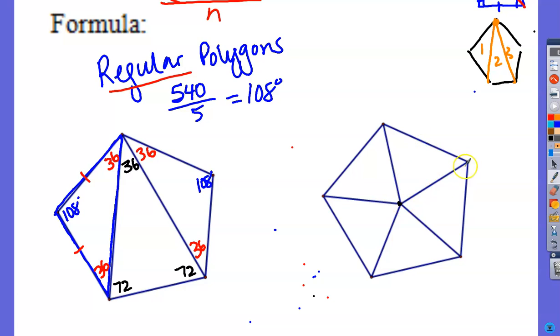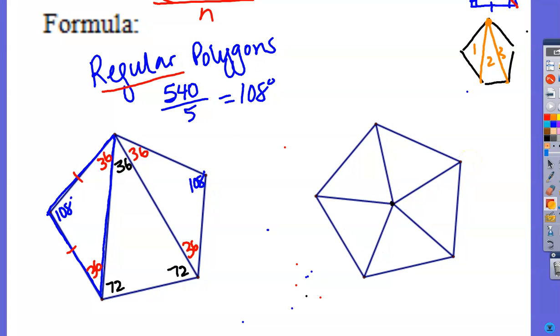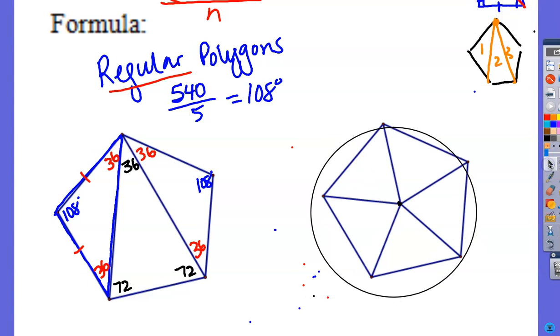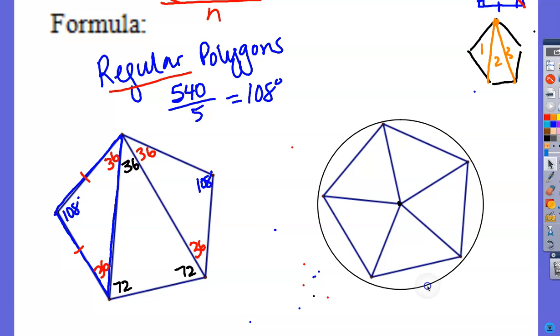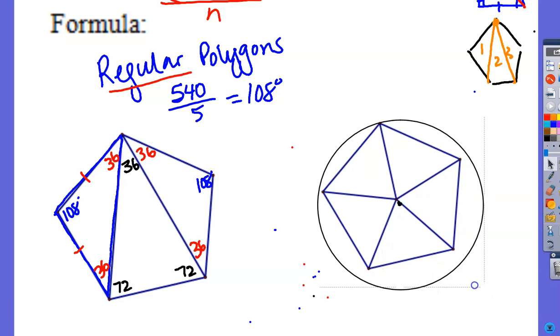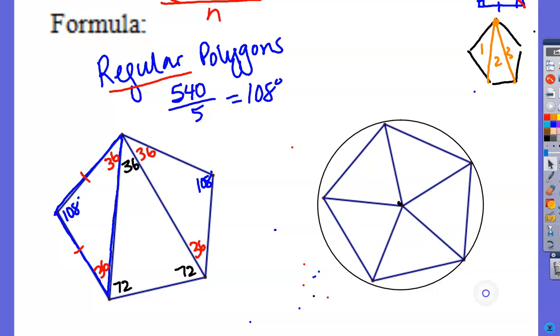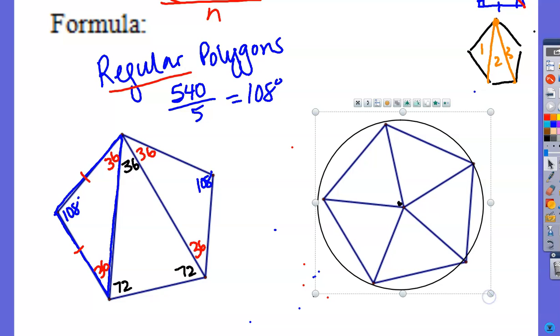So this distance, this radius, the reason that they call it a radius, just so you guys know if you're curious, is if I were to make that perfect circle, I guess I could make the pentagon bigger. That also works.